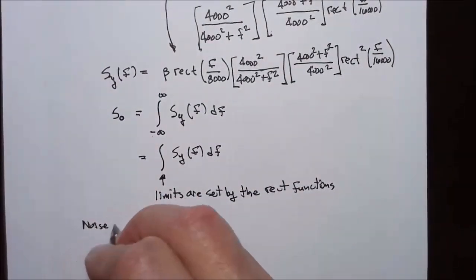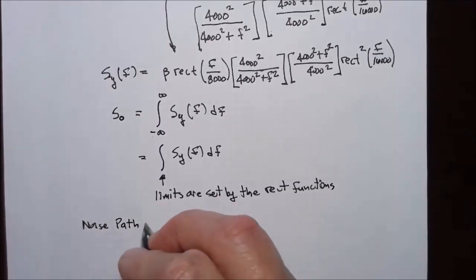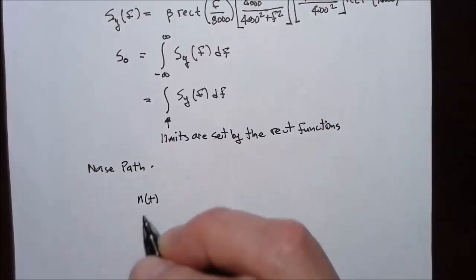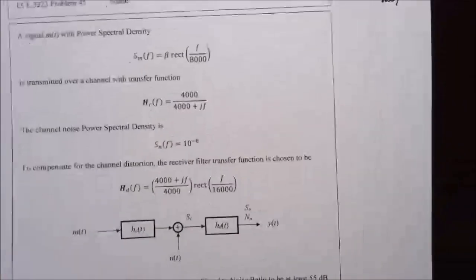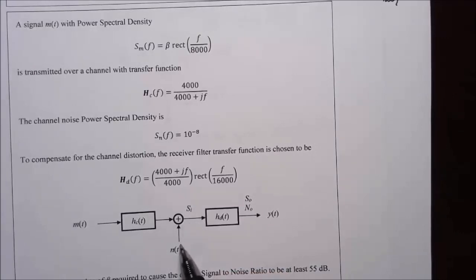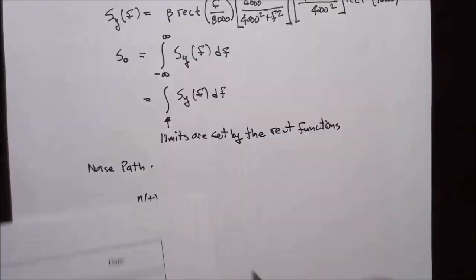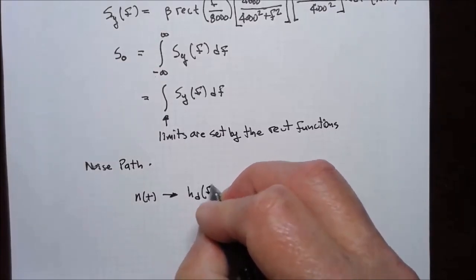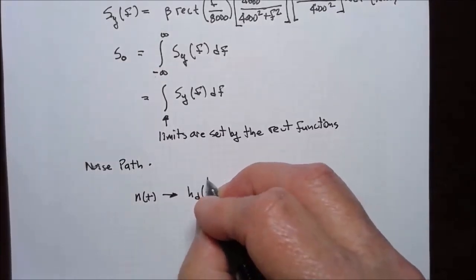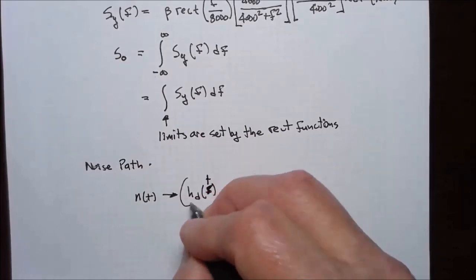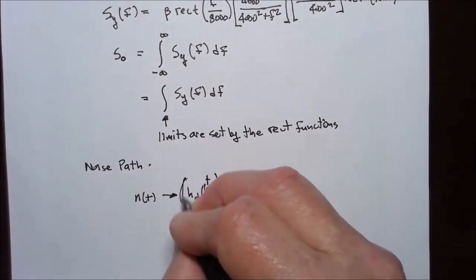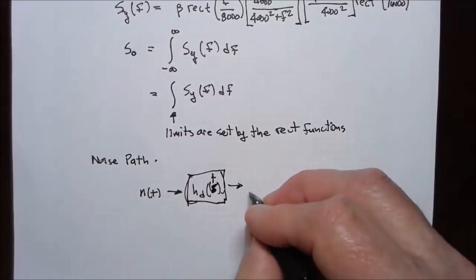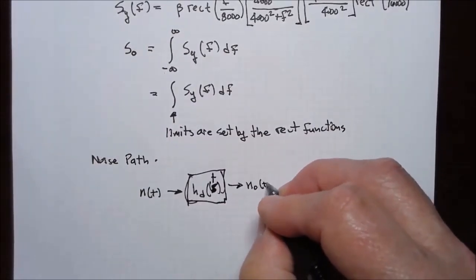The noise path is going to be the noise. See, the noise is added to the signal, so the noise goes through the second linear system, h of t, because this is the impulse response, and then out comes, I'm going to call it noise out.